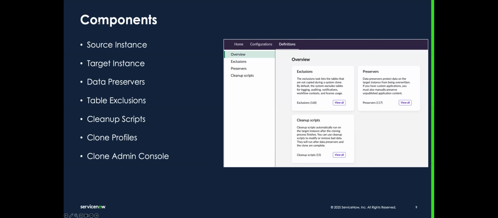You can automate certain post-clone activities, such as regranting roles and permissions, or you can modify data. Then we have clone profiles. These are templates for clone, which you can pre-populate with preservers and exclusions, as well as settings, so that you can have repeatable clone templates. And the clone admin console, which is our clone user interface.